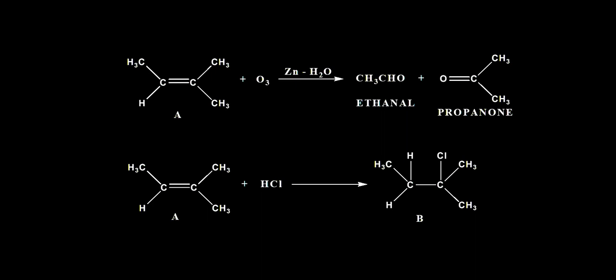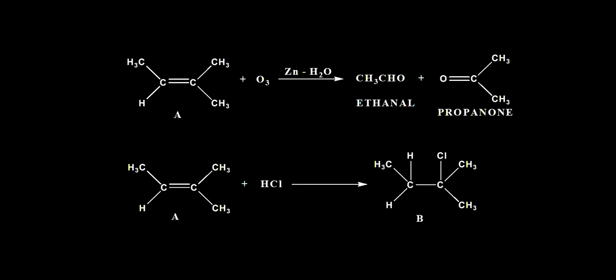Now what we need to apply is Markovnikov rule, and according to Markovnikov rule, the negative part of the adding molecule or addendum, that is in this case HCl, and the negative part is Cl, must go to that doubly bonded carbon atom which has less number of hydrogen atoms. So if you see the molecule A, the right double bonded carbon has less number of hydrogen atoms and the left one has one hydrogen atom.